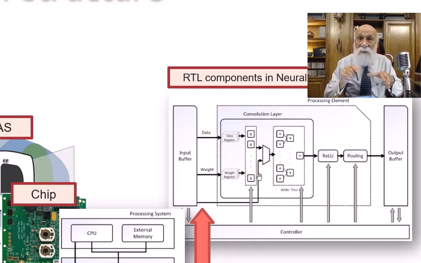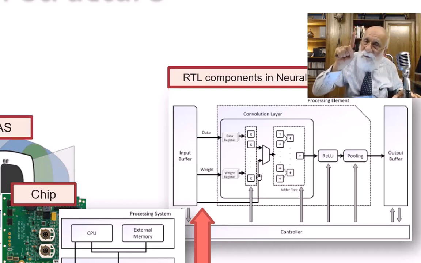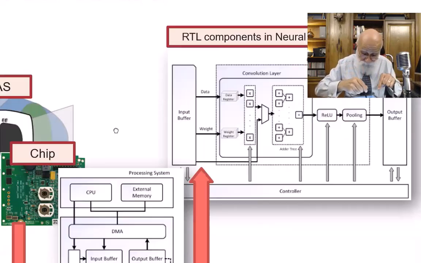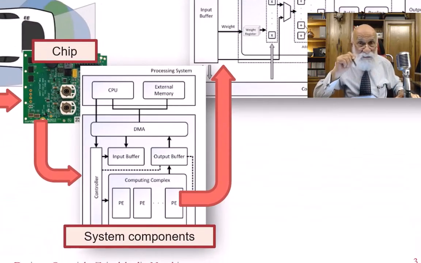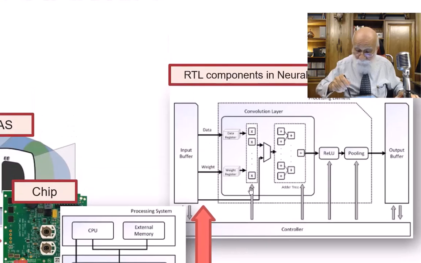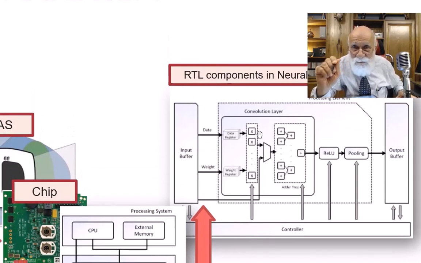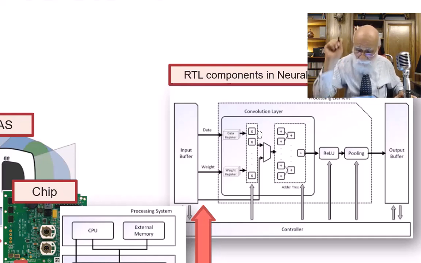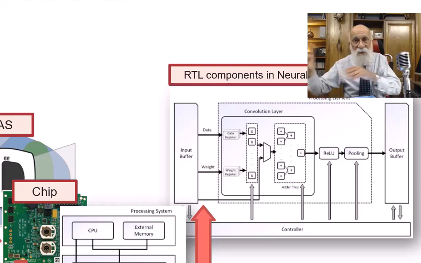And then in this course, we are not going to be able to show you the filtering processing element, but we will be able to show you the multiplier. We will be able to show you the adder, the subtractor. We will be able to show you the multiplexer that selects this or this input.